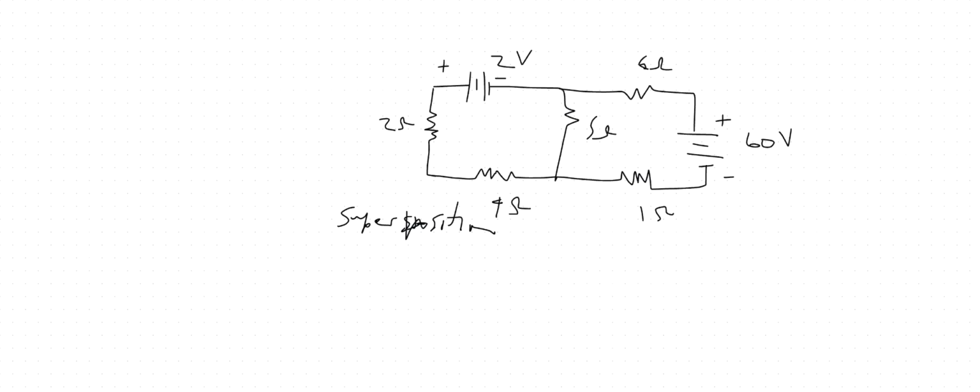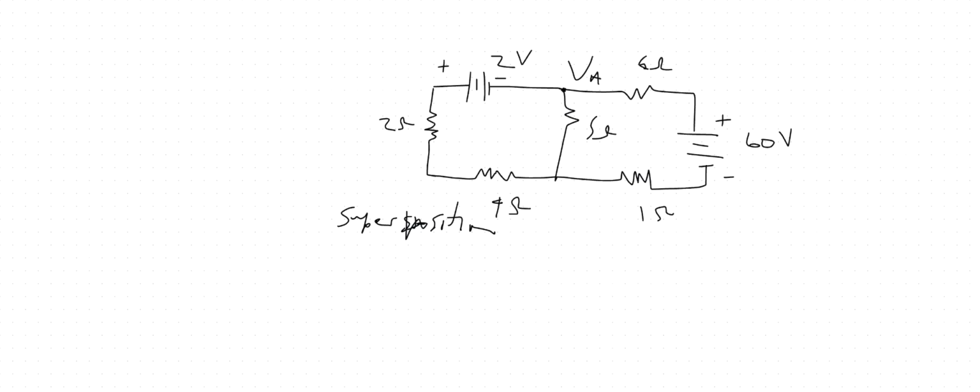For instance, let's say we need to find the voltage at this point. So we're looking for VA here. We could short circuit this voltage source first and then work the circuit and see what VA is.